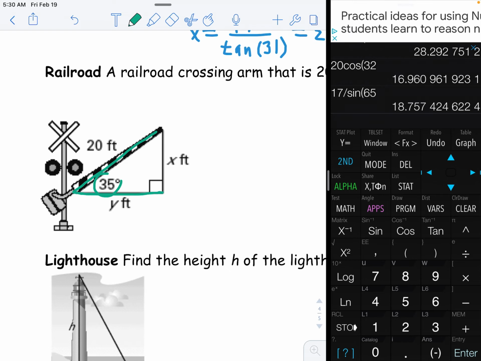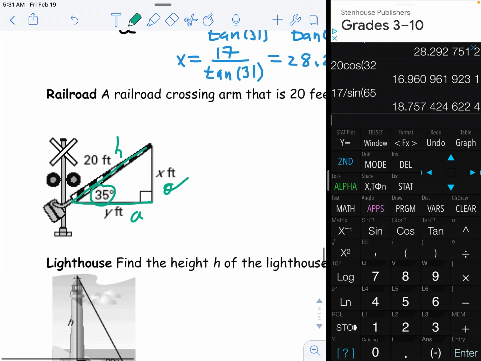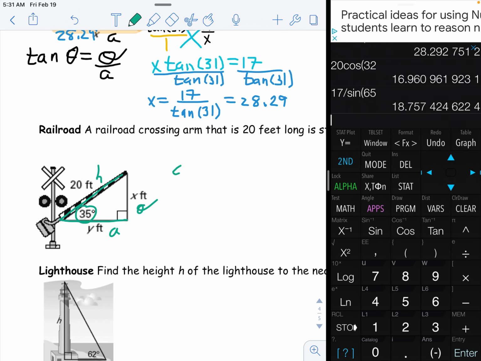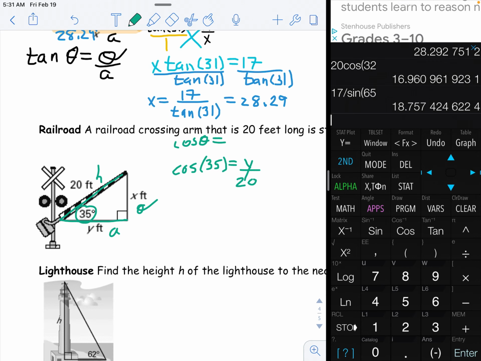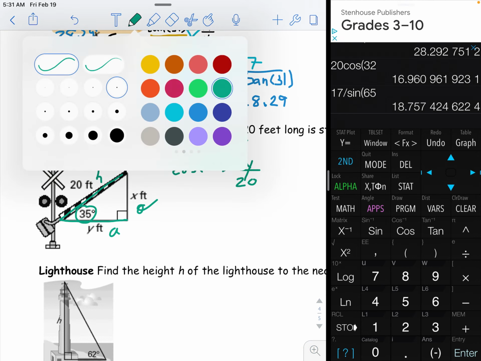Let's find y first. So again, I have 35, adjacent, opposite, hypotenuse. All right, so to find y, we're going to do cosine of 35 equals y over 20, because cosine of theta equals adjacent over hypotenuse.